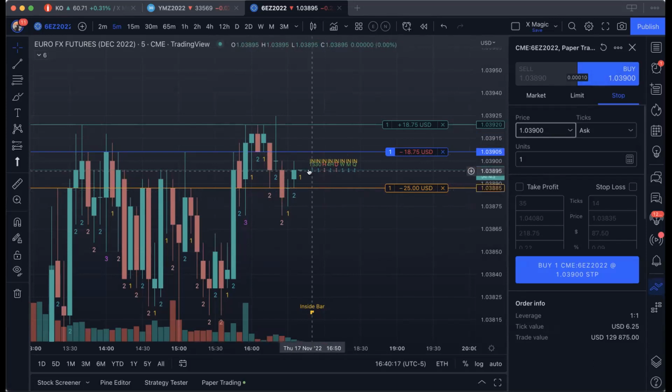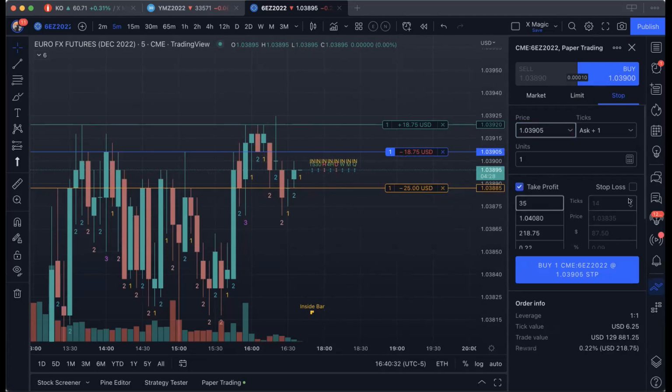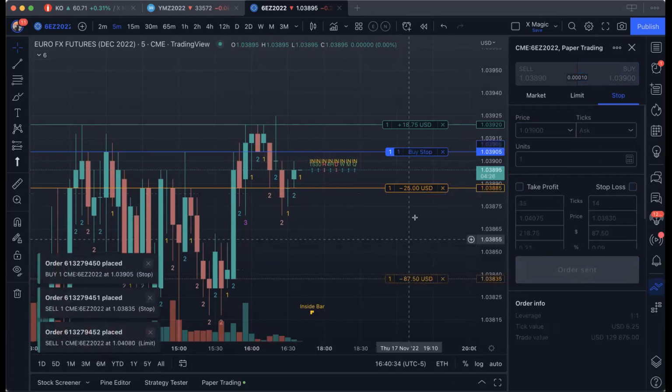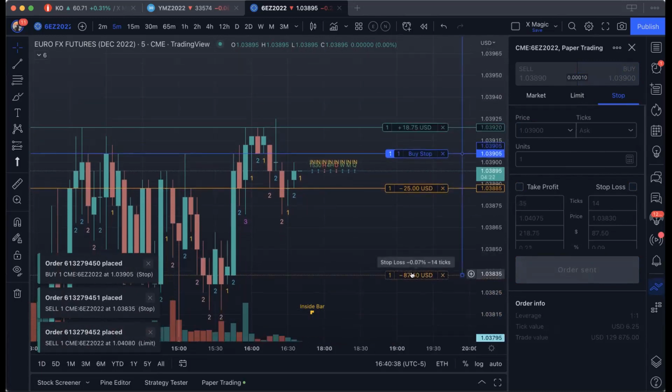Because there have been times where I place the trigger right here once it breaks above, but it'll just fill me and then not actually trigger the trade. So usually I'll just take 1 tick of slippage, set a buy stop, just put this here. And then, yeah, I just wait to get filled if it does.